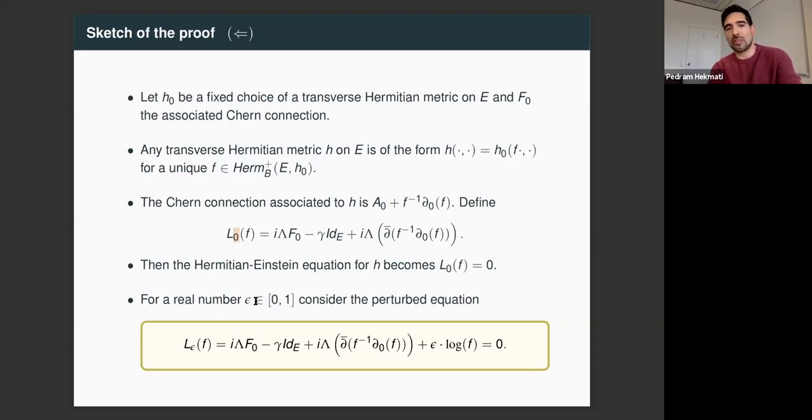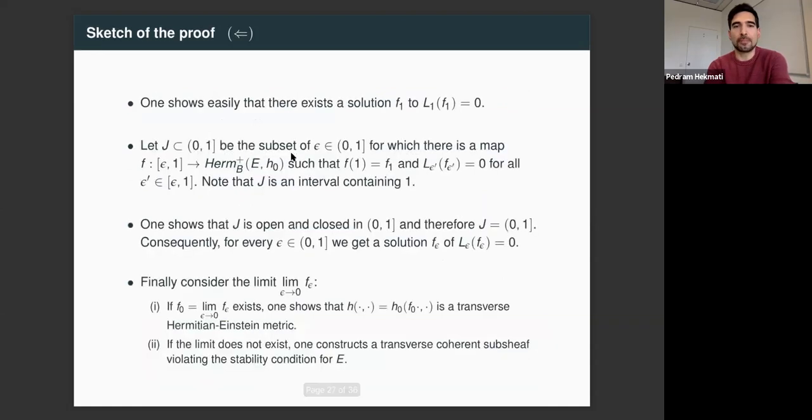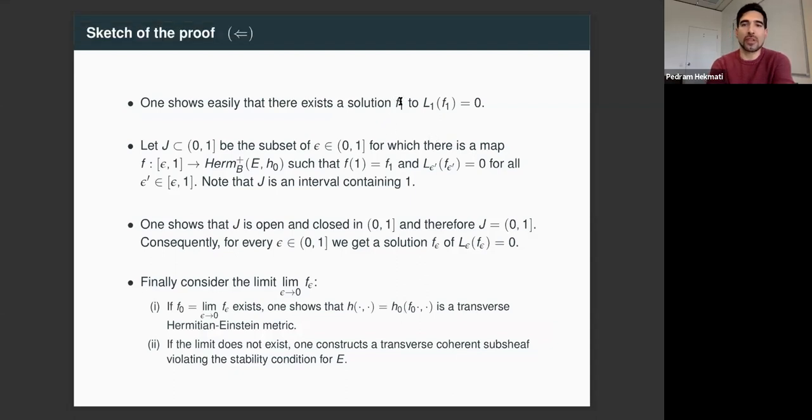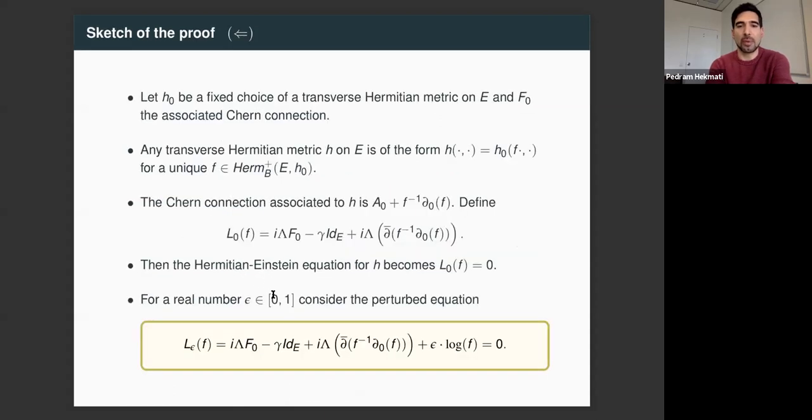So the way to proceed is to introduce a perturbation of our operator, with epsilon times the log of this bundle map, and then again we proceed by first constructing a solution for epsilon, which is a real number in the interval 0 to 1.